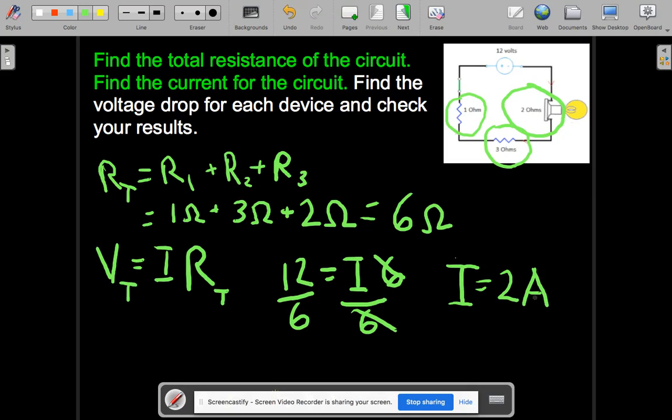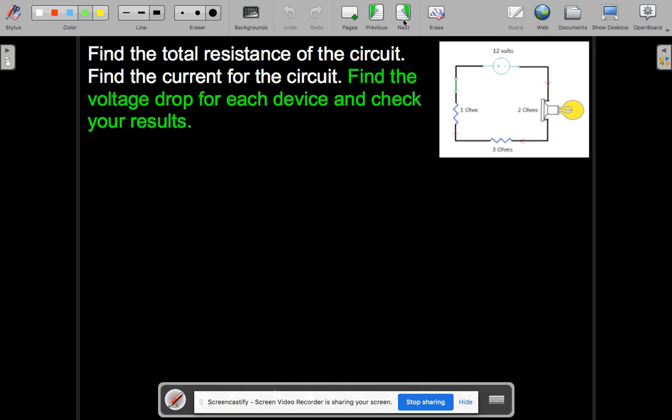Then we're going to look at the second part of the problem. So now we want to find the voltage drop across each device and check the results.